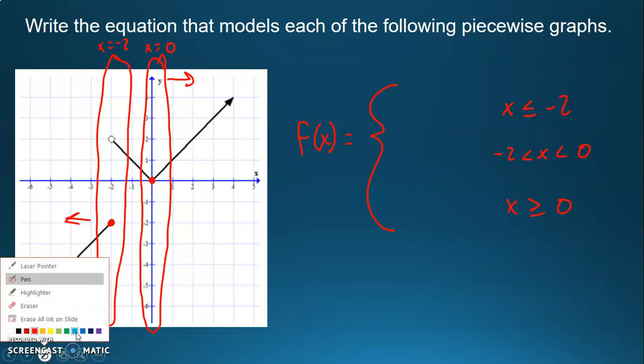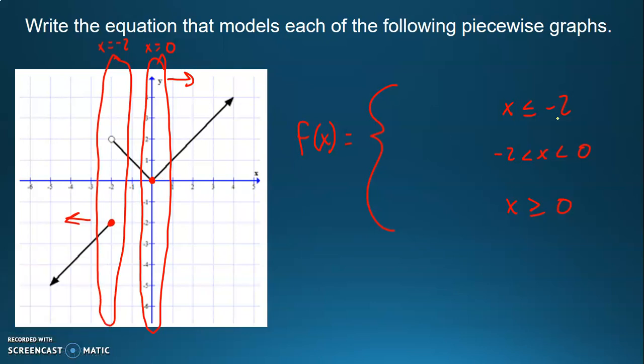Now again, I'm expecting you guys to be able to do linear functions. And when we talk about a linear function, it's going to be in the form y equals mx plus b, where m is our slope and b is our y-intercept, or where it crosses the y-axis. So let's take a look at this line over here that I've circled in yellow. I can see the slope pretty easily.